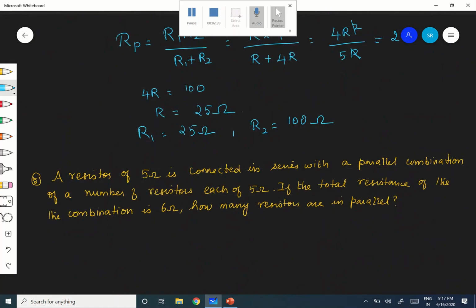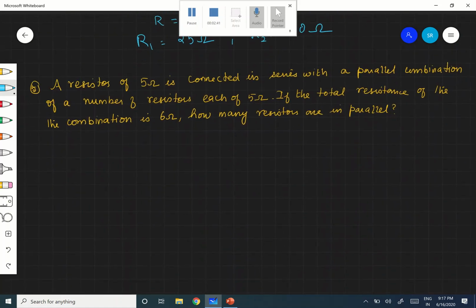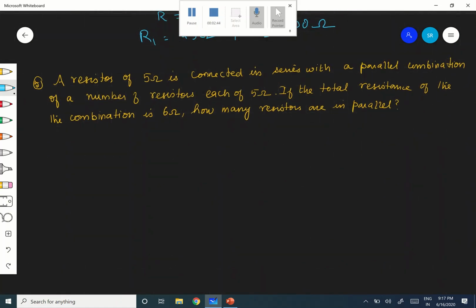So, next one. A resistor of 5 ohm is connected in series with a parallel combination of a number of resistors, each of 5 ohm.